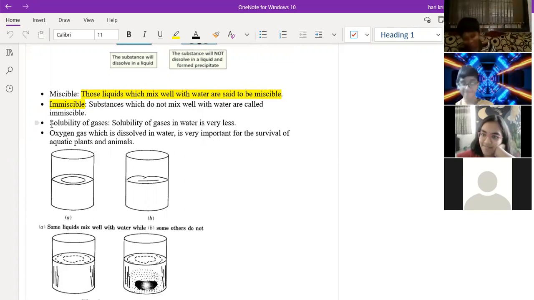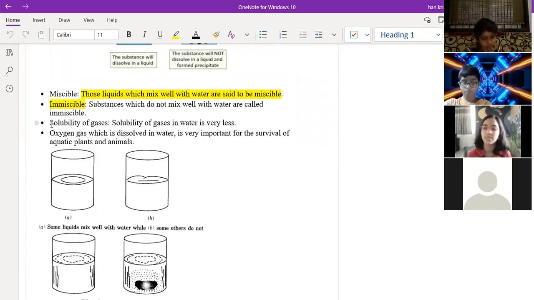Then good. Okay. So if the gas dissolves in the water, only then will aquatic life survive in the water, right? That is the solubility of gases. Some gases dissolve very little, like carbon dioxide, which dissolves very little in water. Some gases dissolve very highly, like oxygen.